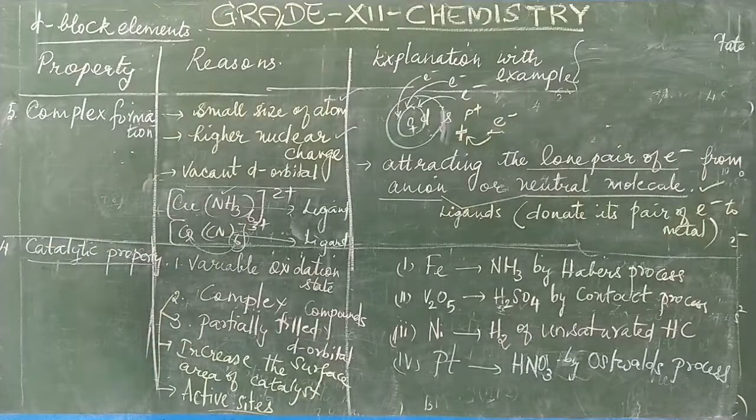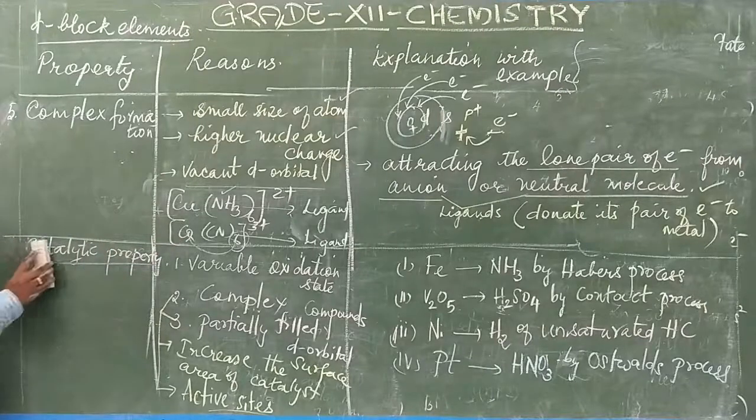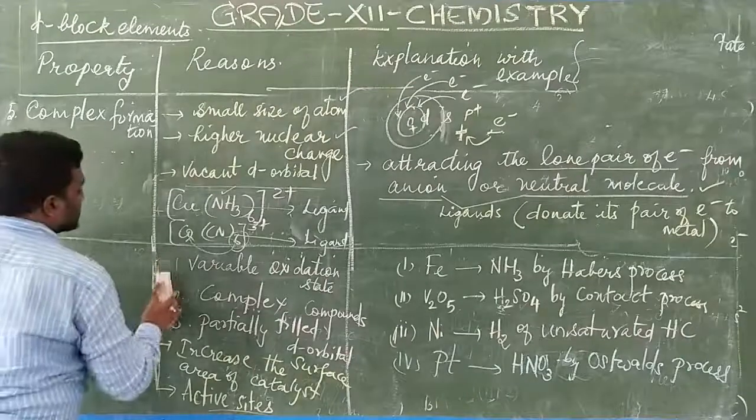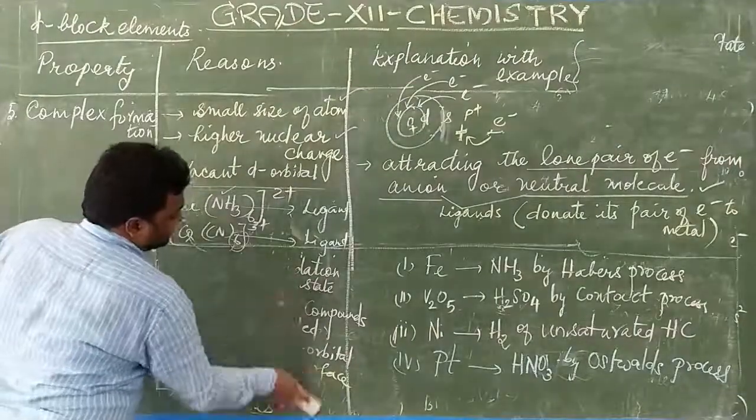Now coming to the sixth point. Our fifth point, I told you the reasons for that, with explanation and examples also. Now the next one is interstitial compound formation. What is the sixth point? Interstitial compounds.